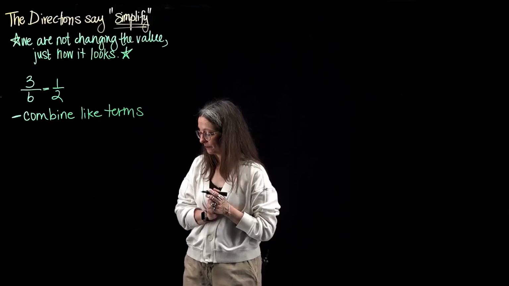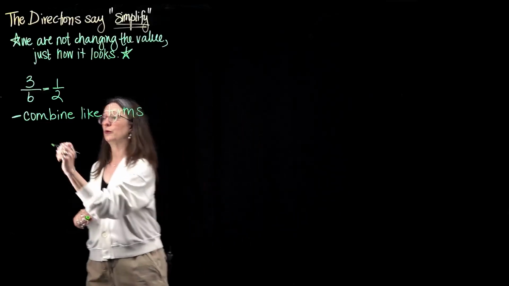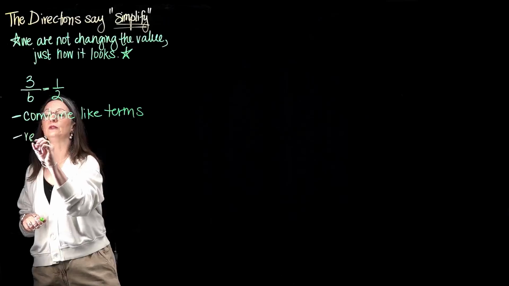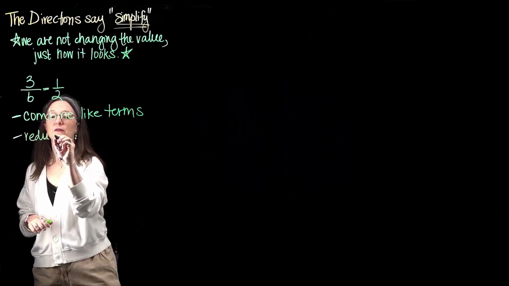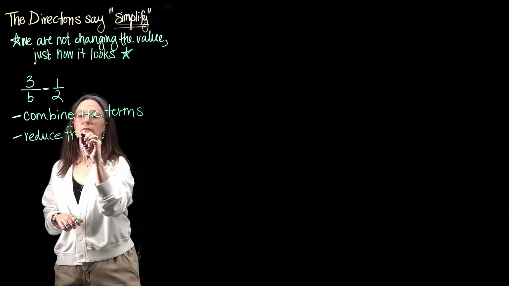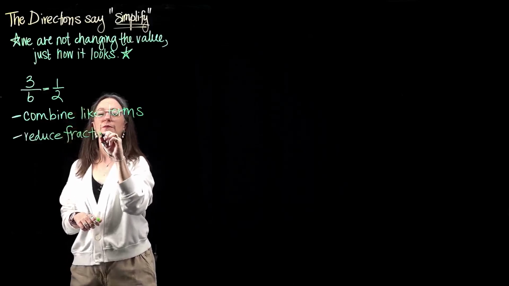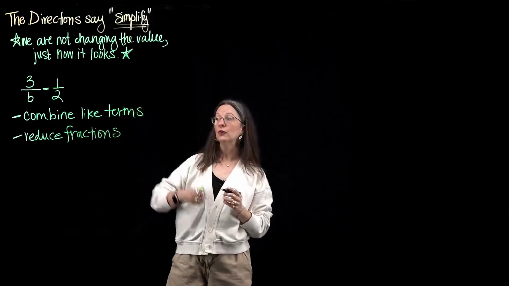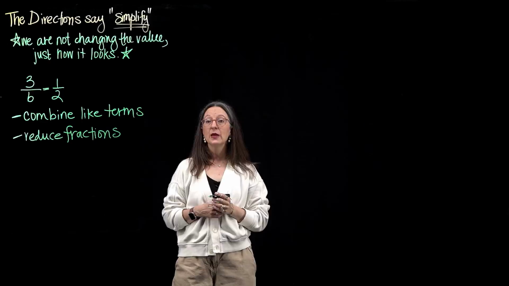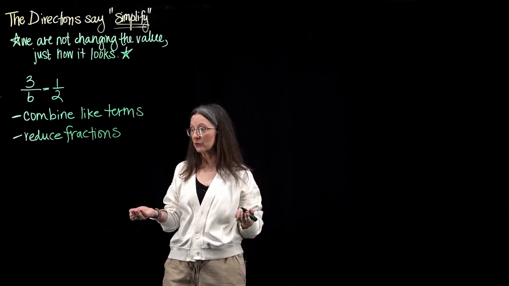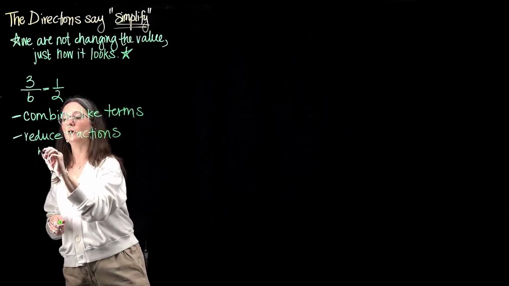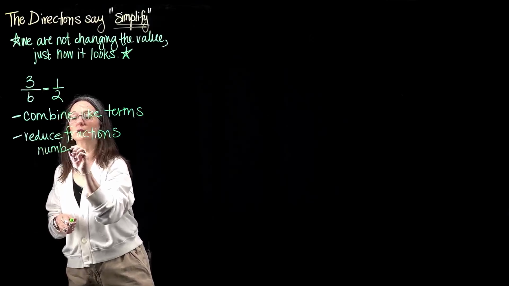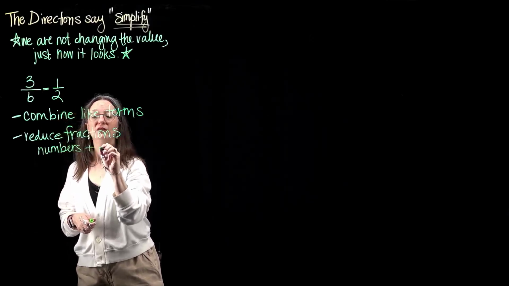all the numbers got combined together. Another one that's super important is reduce the fractions. And that applies to not only numerical fractions like I had up here, but also variables. So I'm just going to make a note, numbers and variables.